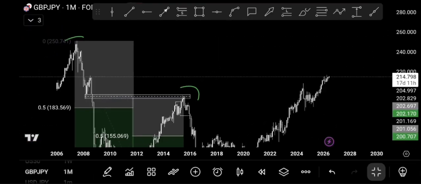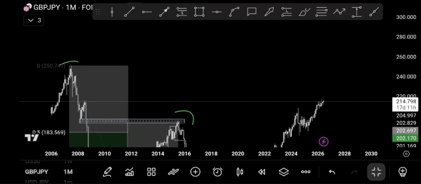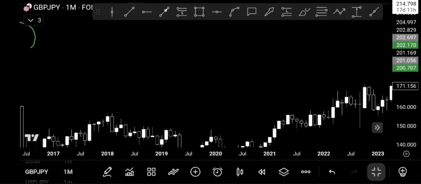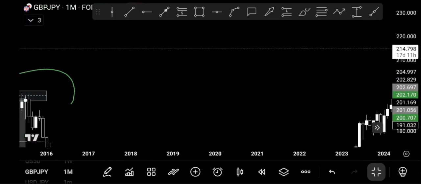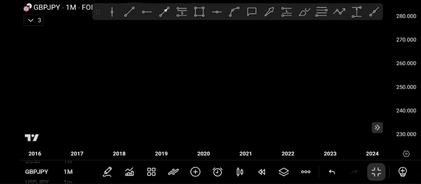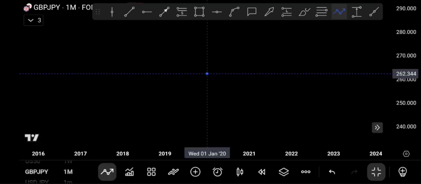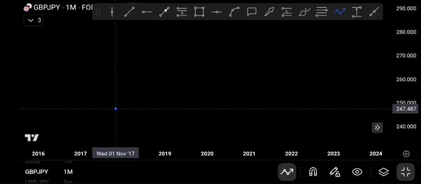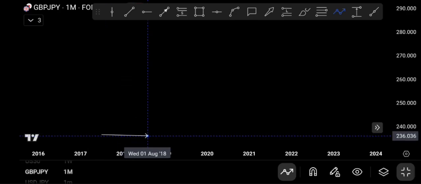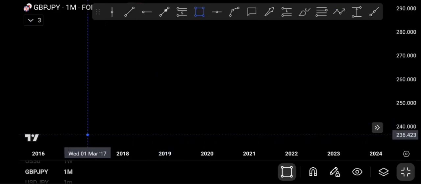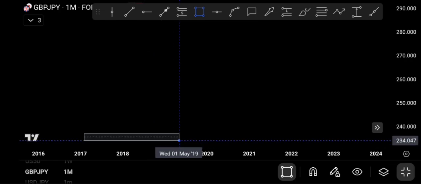Let me do this. Let's say this is a higher time frame. Sorry. This is the higher time frame zone, the higher time frame demand zone.